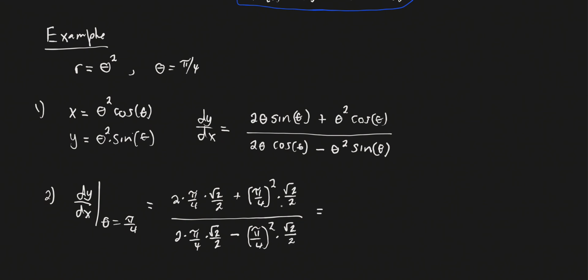So let's see how things simplify. Let me cross out some of the things that clearly reduce. So we have that going, and then similarly in the bottom, we have that going. Now pi over 4, that quantity squared, becomes pi squared over 16.